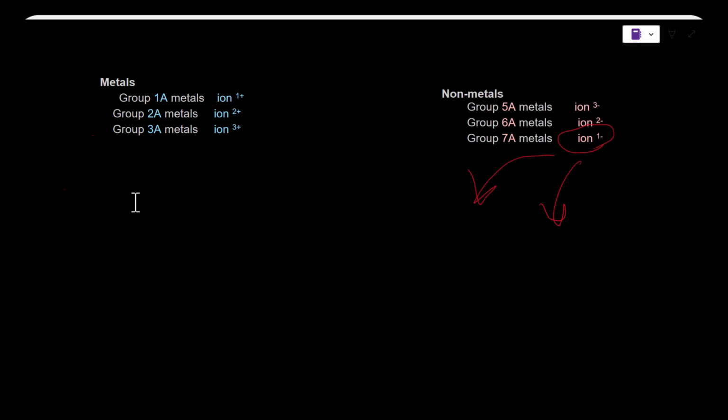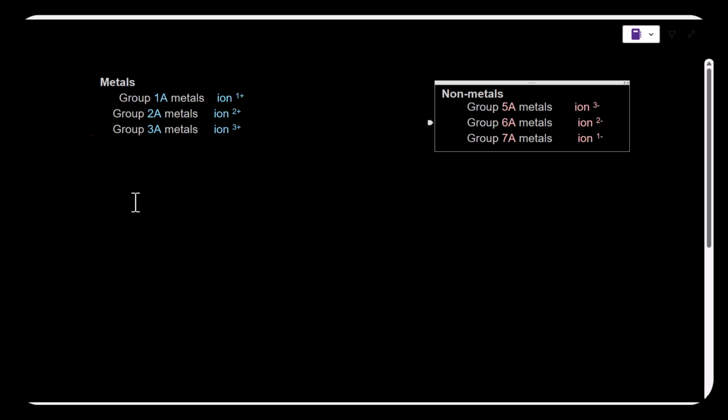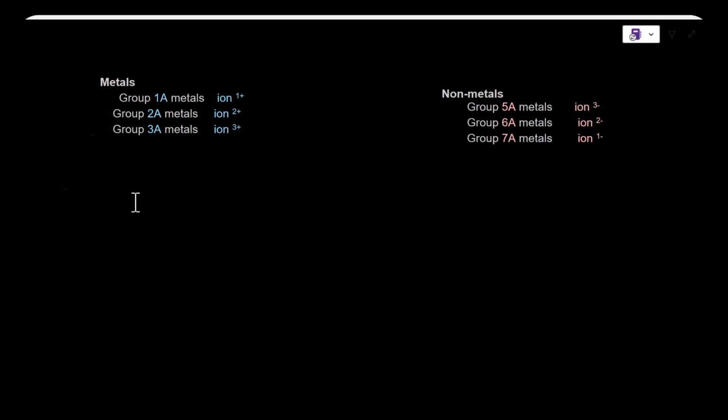A quick and dirty way of writing ionic formulas is the crisscross method. For example, if we had barium, which has a positive charge of 2, and iodide, which has a charge of -1, we would just crisscross these and rewrite the compound like this.